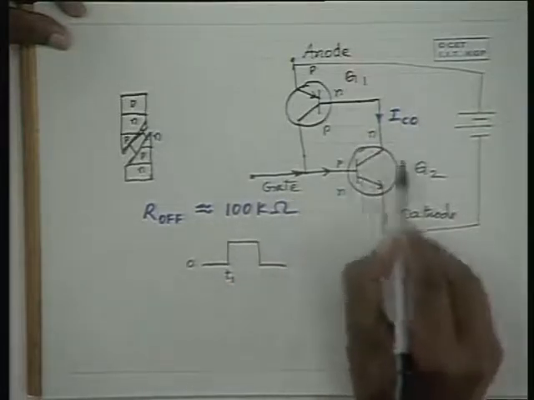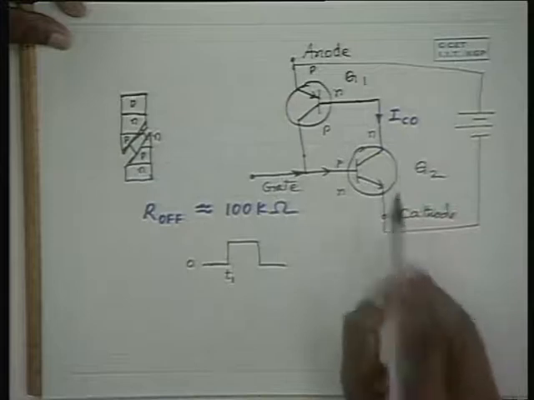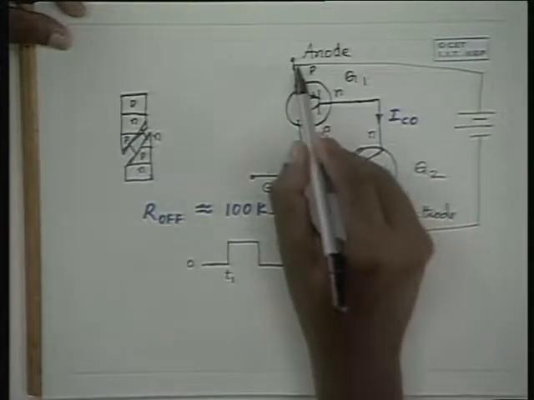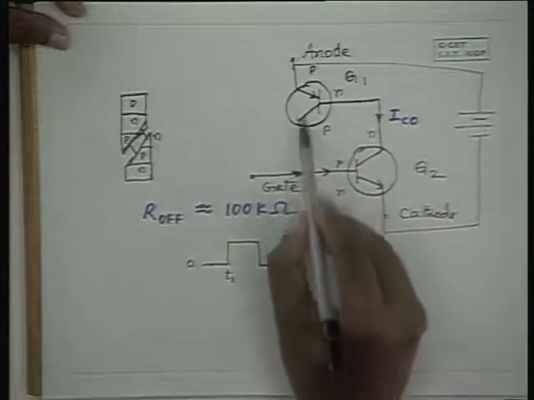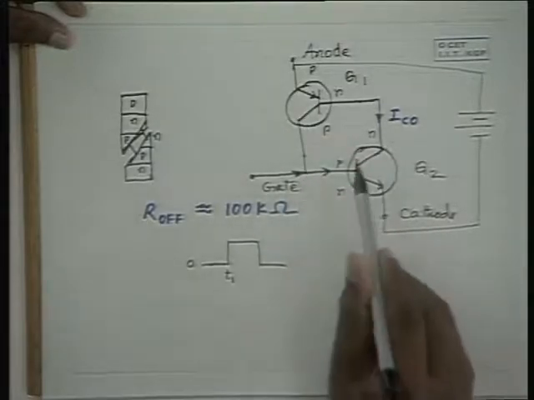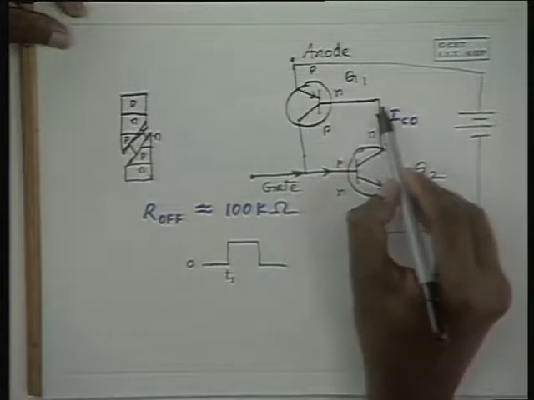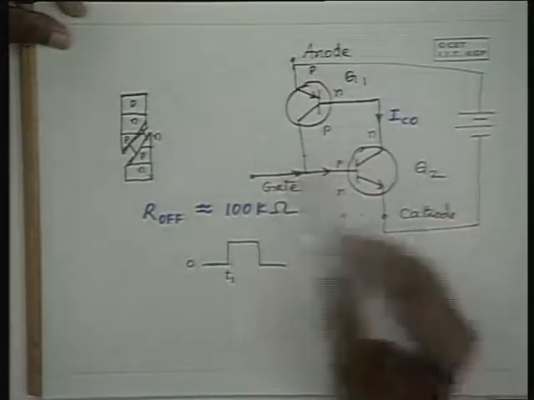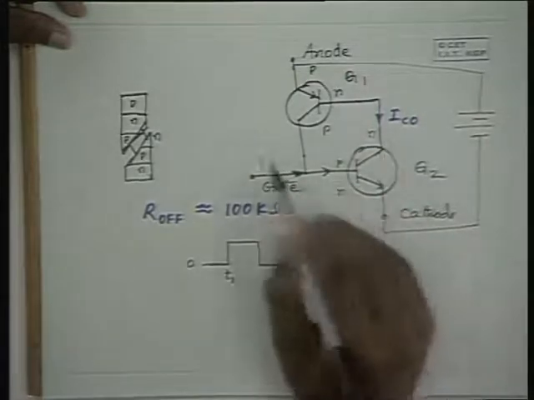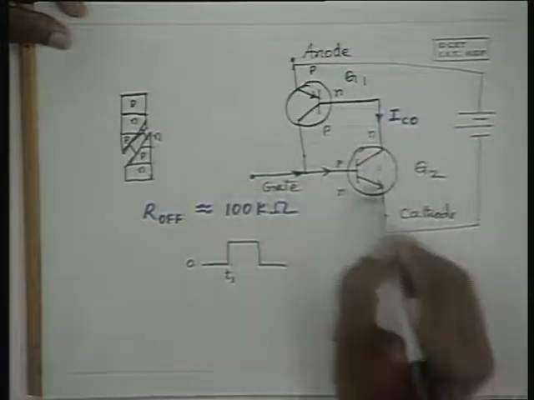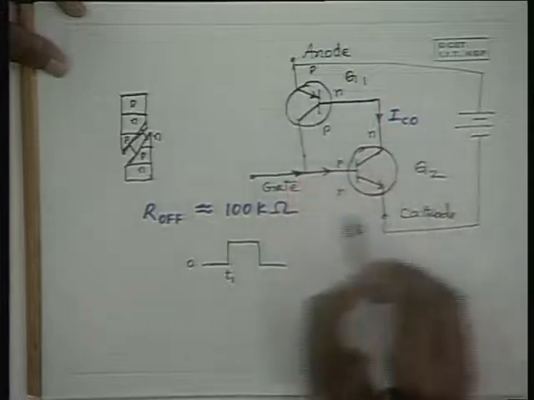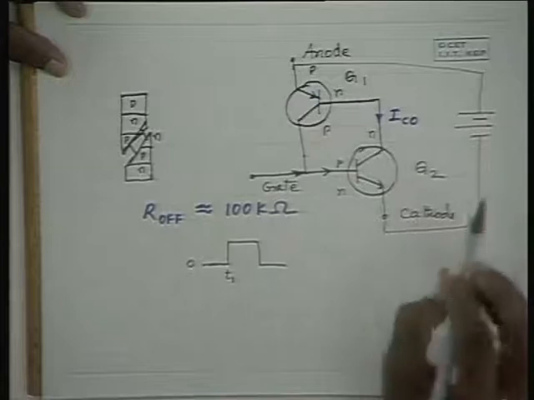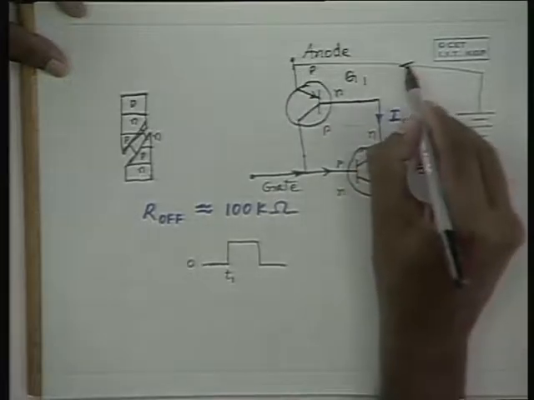In turn a large amount of collector current flows, and that is equal to the base current now, and again beta times that would be the collector current here, and again further beta times that flows through this. This way the current regenerates itself, and within a very short time, you will find that a huge amount of current flows in this circuit.